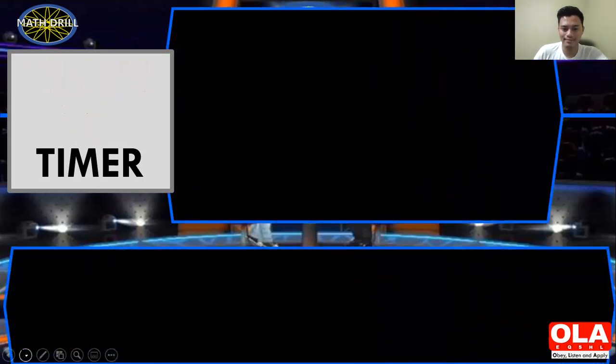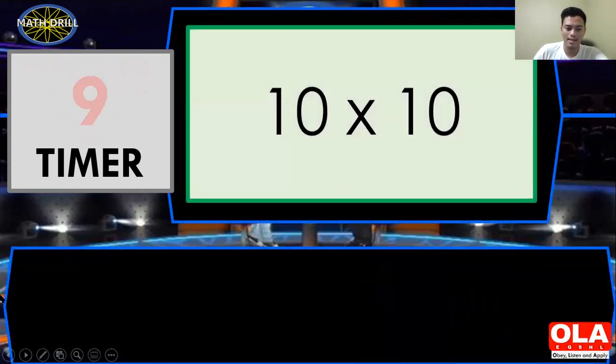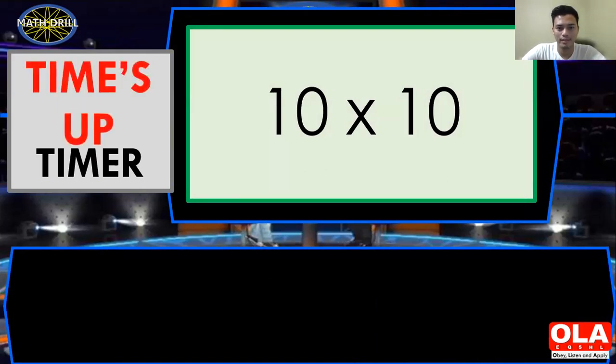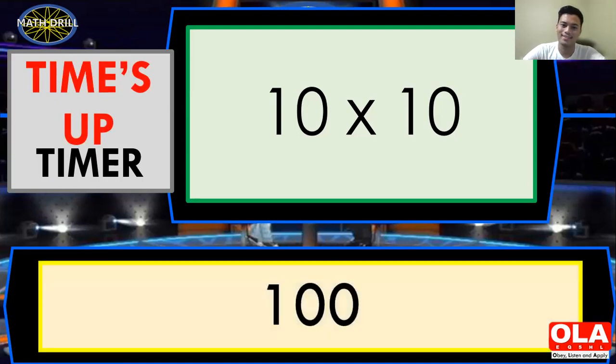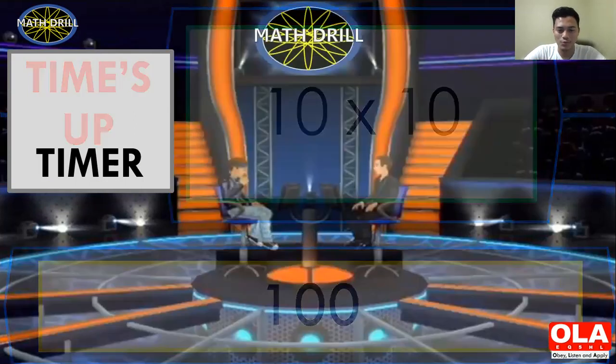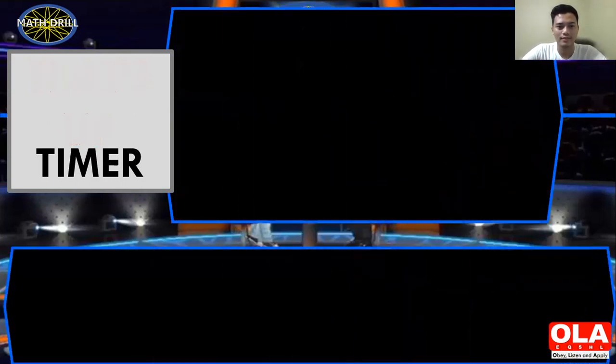What is 10 times 10? Correct answer is 100. Next one. This will be our last item.